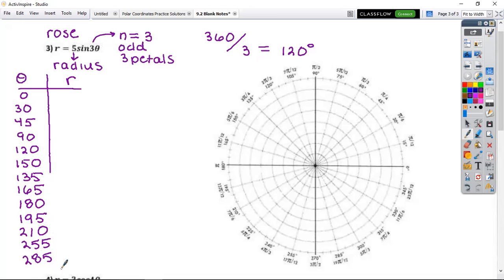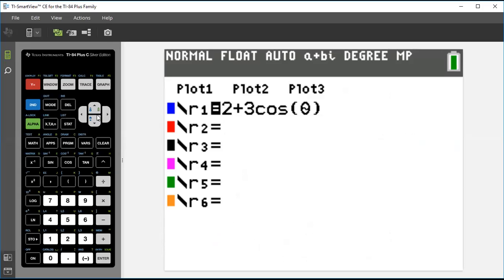I'm going to go back to the calculator. And I'm going to type in this rose, 5 sine 3 theta. Again, it's a good change of pace. It's something you've never done before. So 5 sine, and we're going to go 3 theta. So you go 3, and then the X key becomes a theta instead, and hit graph.